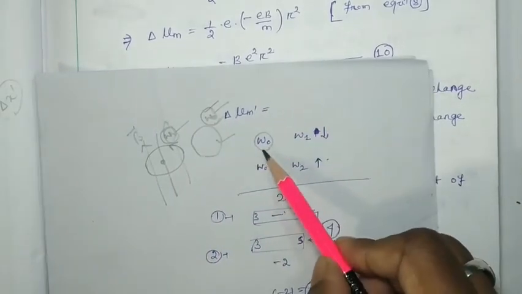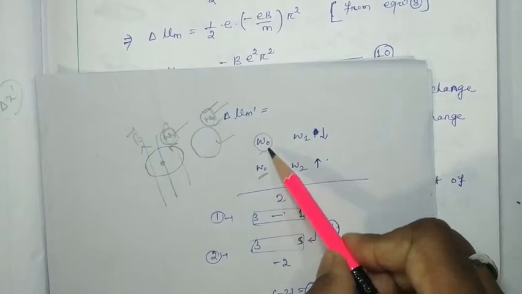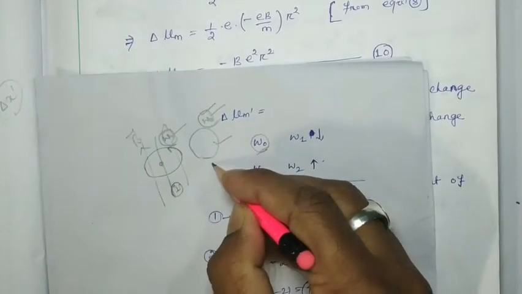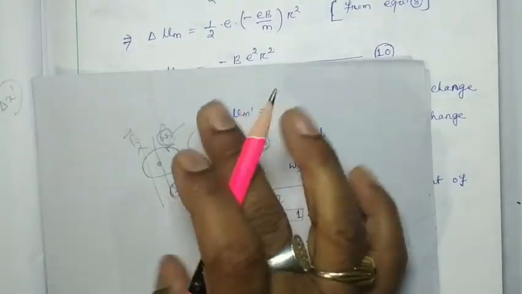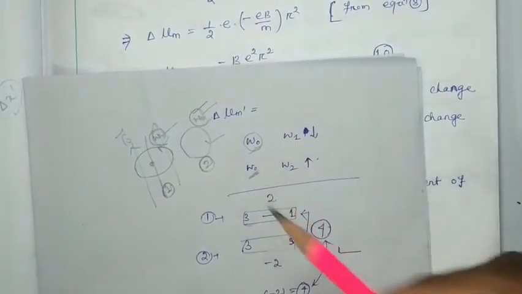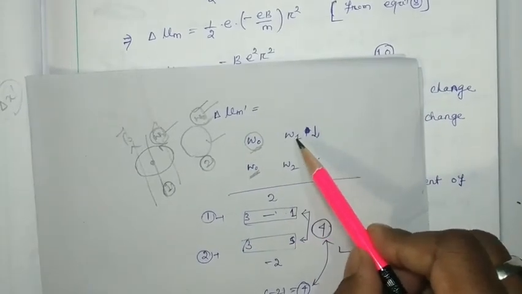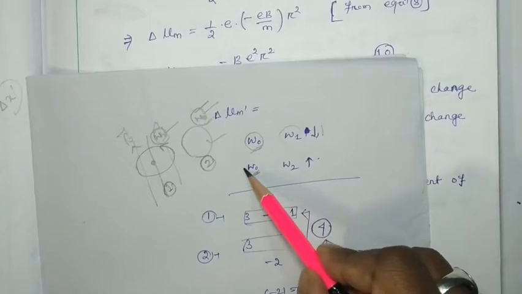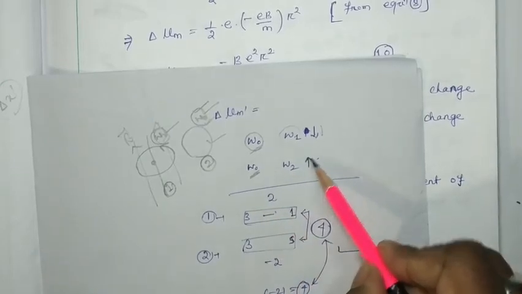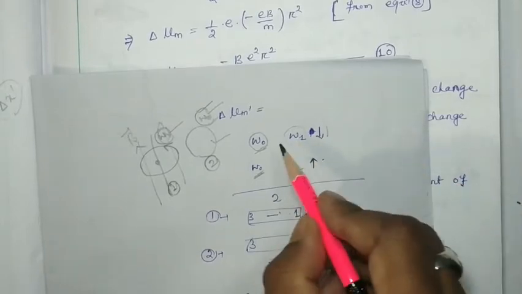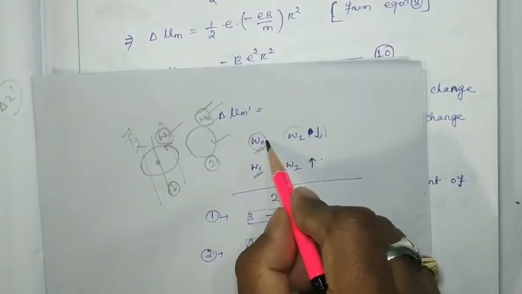Initially we have the angular velocity omega 0 and omega 0 for electron 1 and electron 2. Listen and watch this carefully. Suppose for electron 1 the angular velocity is decreased and for electron 2 the angular velocity is increased. So what is the change of angular velocity for each electron?